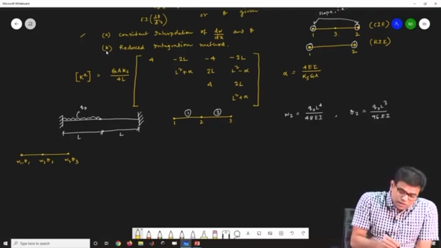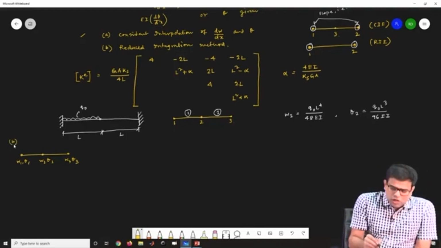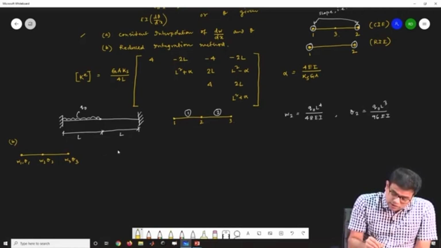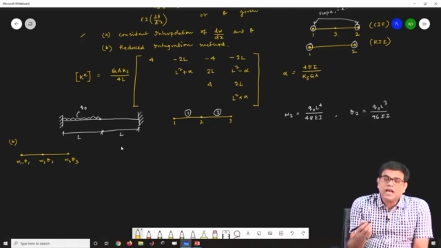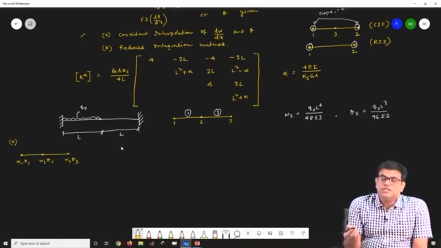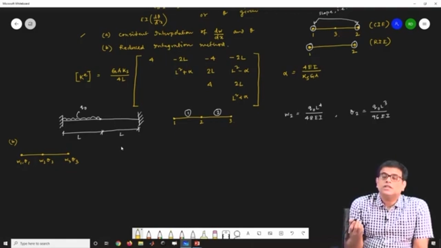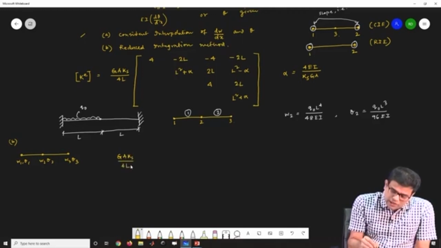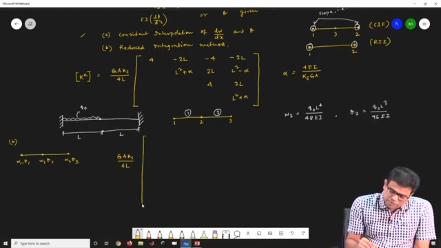There are two elements, so if I take EI and GA and kappa S, the shear correction factor, constant over the beam, then it is just addition of two elements. So GA KS by 4L, then we will have this bigger matrix equation, which is 4.